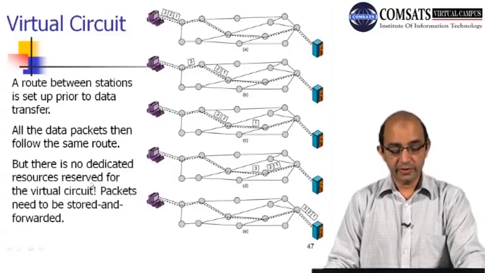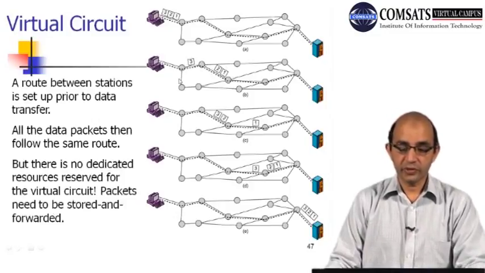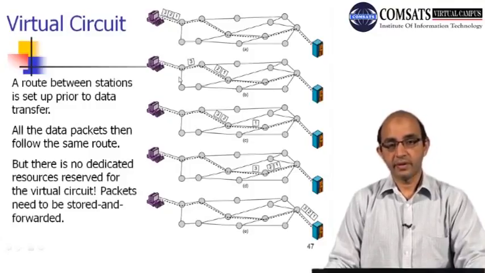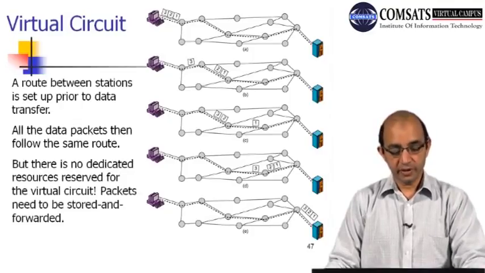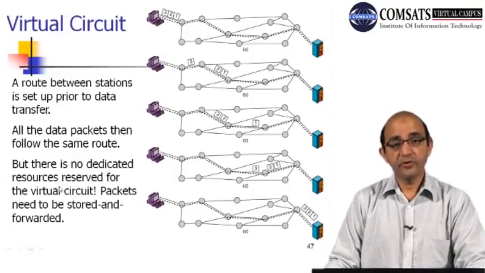There is no dedicated resources reserved for the virtual circuit. Packets need to be stored and forwarded. So it means that we are actually using circuit switching virtually, but actually we are following packet switching. No resources are dedicated beforehand.